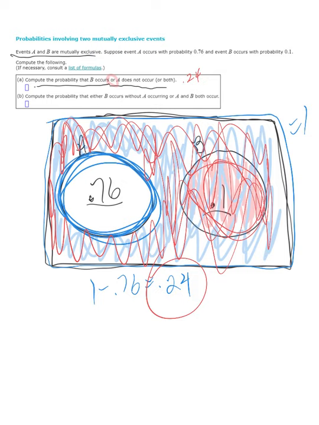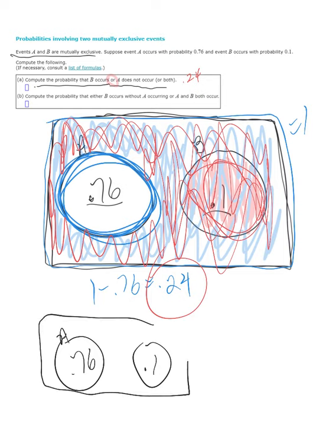Then I'm going to draw this again. So here's A, here's B, here's my event space. And now let's answer this question. Compute the probability that either B occurs without A occurring.